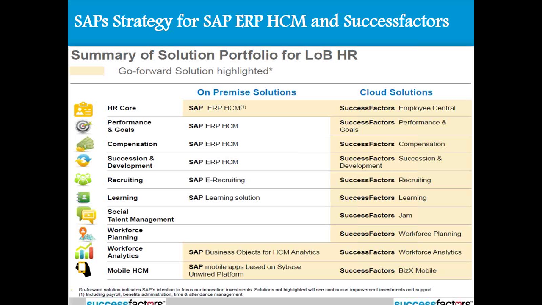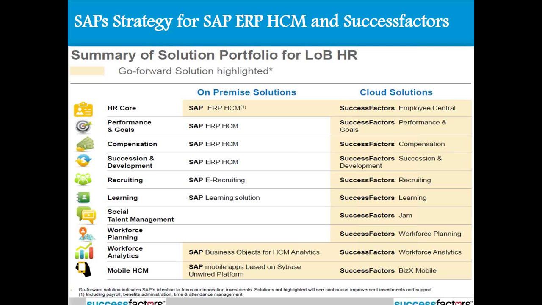If you look at the slide, all the highlighted modules will see continuous innovations, both in on-premise solutions and cloud solutions. For example, in SAP HCM on-premise solutions, they will continue to invest in and develop time, payroll, and benefits applications.